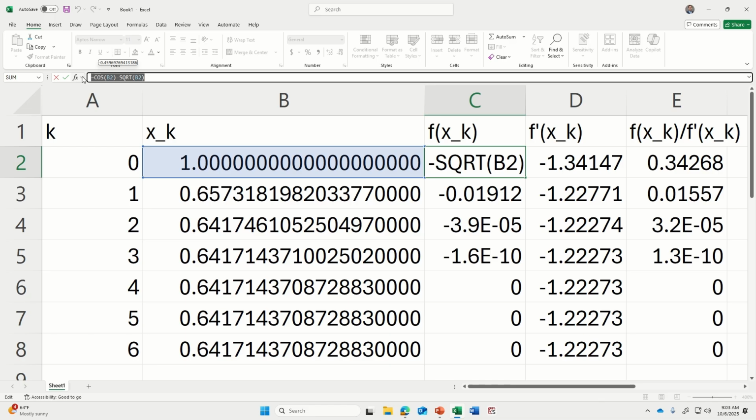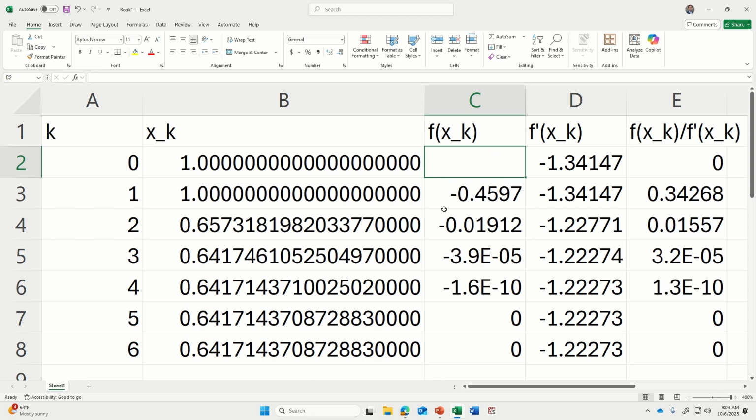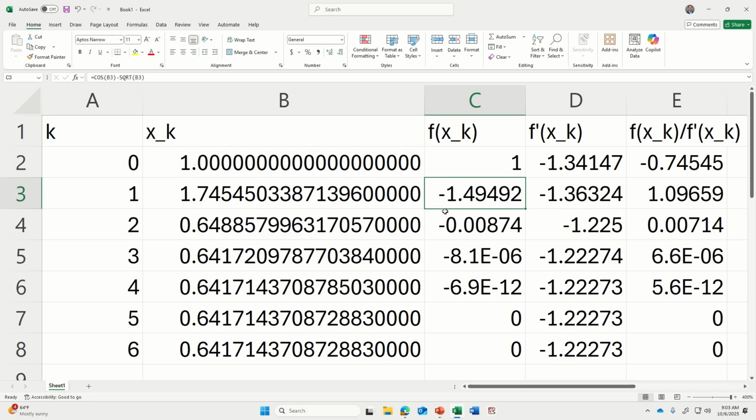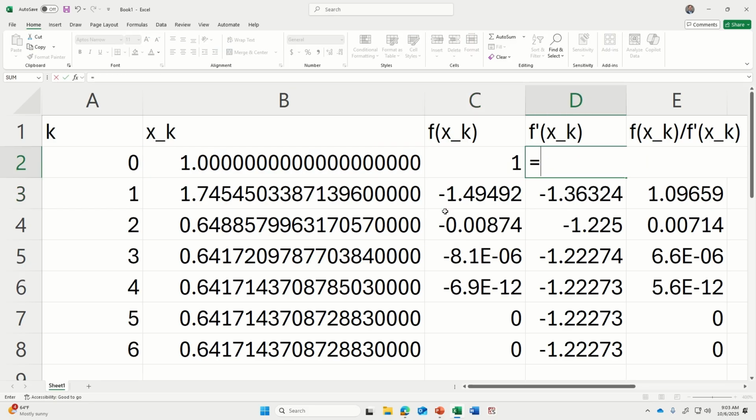And so this is what it looks like to do x cubed minus 2 times x plus 2. And then the derivative was 3 times x squared minus 2.